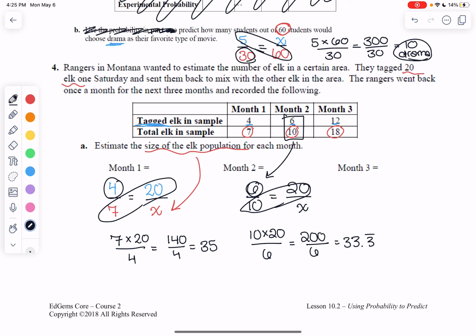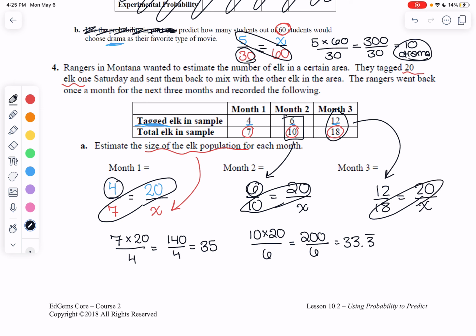And the last one, month 3, I have 12 out of 18 elk that are tagged. So if there's 20 elk tagged altogether, how many in my total population? For this one, we do 18 times 20, divide by 12. 18 times 20 is 360.